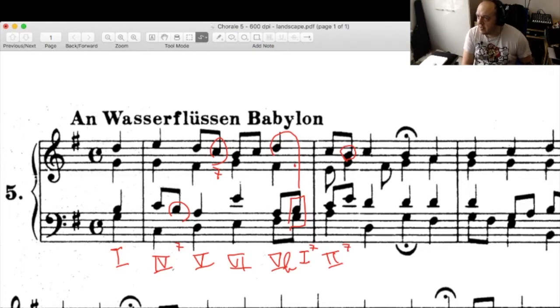There's a 7 there, there's a 9 there. That 9 which is approached by step. That 7th here becomes the 4th of 5. So I have 5, 4, 3 right there, and the 7th is right here, which drops, and now you have chord 1.